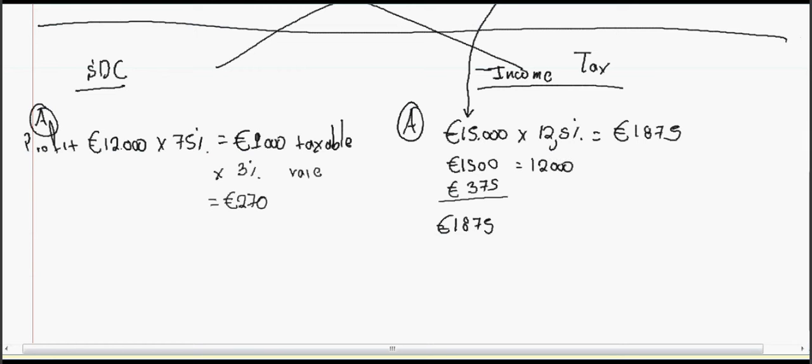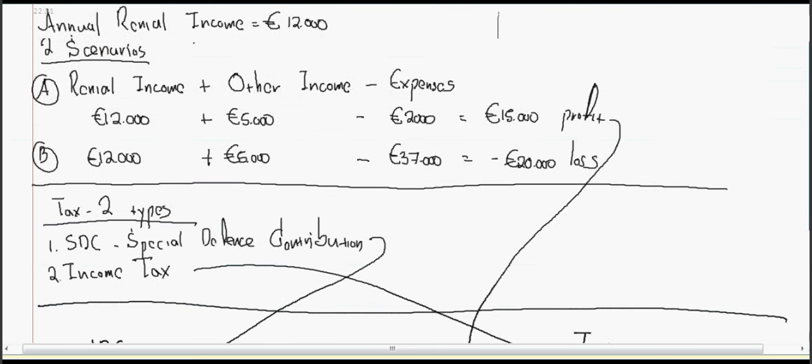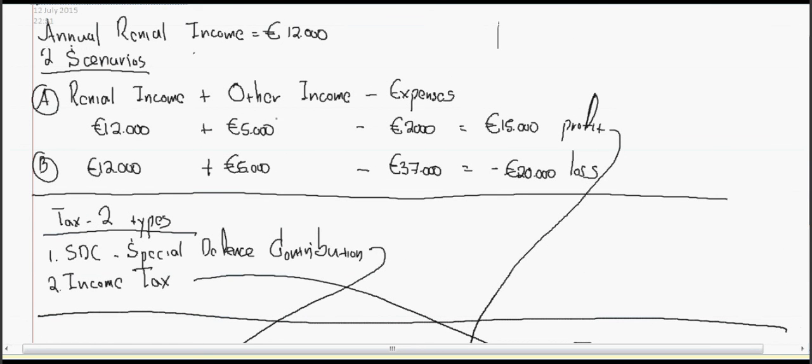Let's see why. 1,500 is because the rental income is 12,000, and the 375 is because of the other income. The other income is 3,000 net. Here we have other income 5,000 less the expenses, so we pay tax for this 3,000 net.